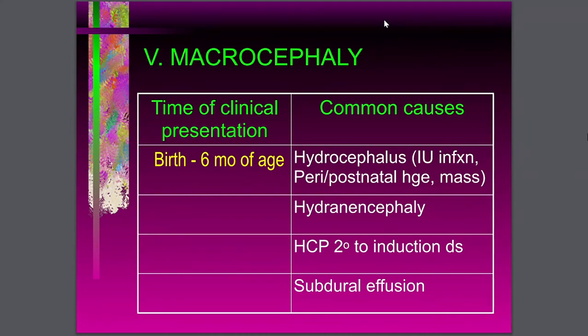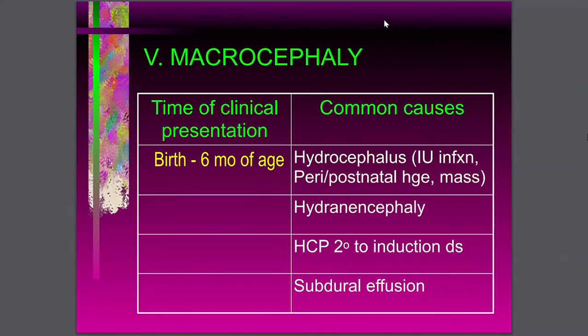And then another common cause of macrocephaly is hydranencephaly. Hydranencephaly is a very important differential diagnosis for congenital hydrocephalus. In hydranencephaly, usually the head of the infant is very large, more than 50 centimeters, and the sutures are widely apart. The anterior fontanelle may be bulging and widened, and the scalp veins are very prominent.